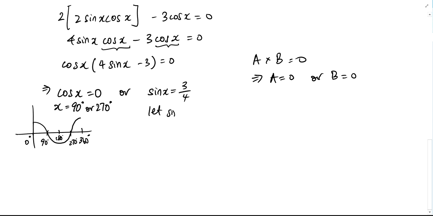Then over here we have other options. Let sine alpha be equals to 3 over 4. So to find the basic angle, inverse sine of 3 over 4, we get 48.590 degrees. We see that x is in quadrant 1 and 2.